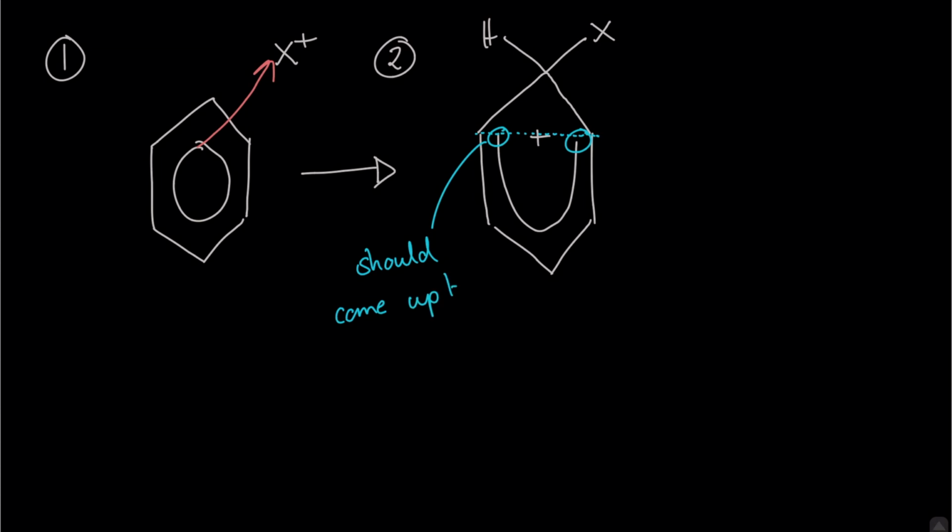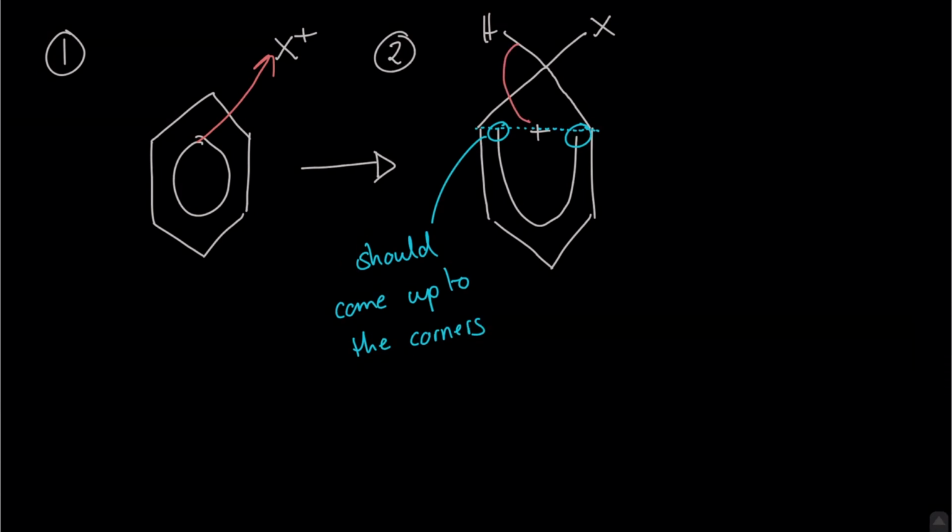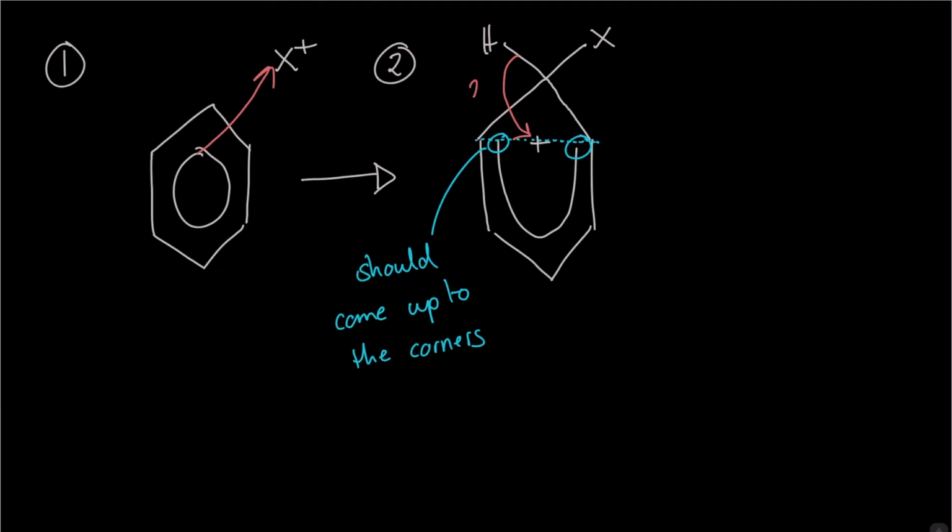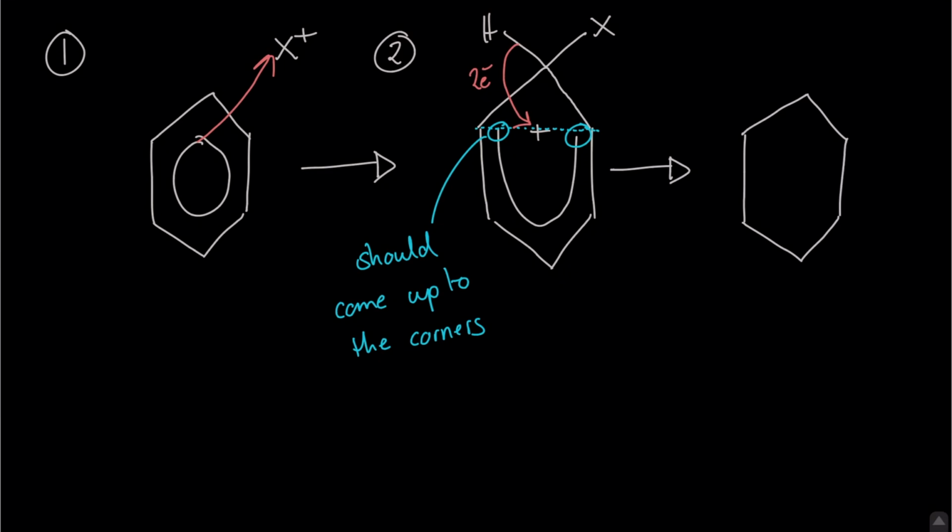Then just pop a little plus sign in the middle of it. Now you've got your unstable intermediate, we need to reform that ring to make it stable again. You get heterolytic fission of the carbon-hydrogen bond, and that pair of electrons moves back into the ring and it is now a stable product, and a hydrogen ion is produced.